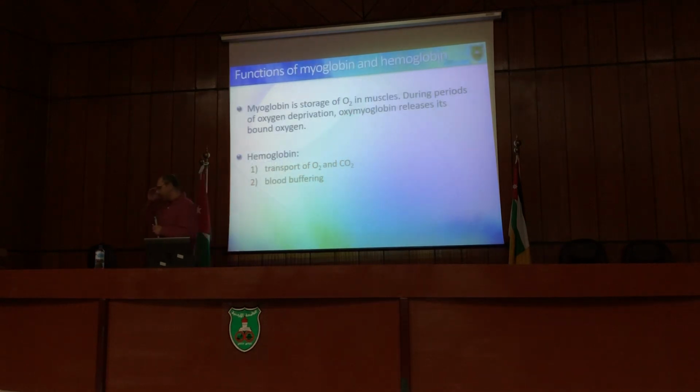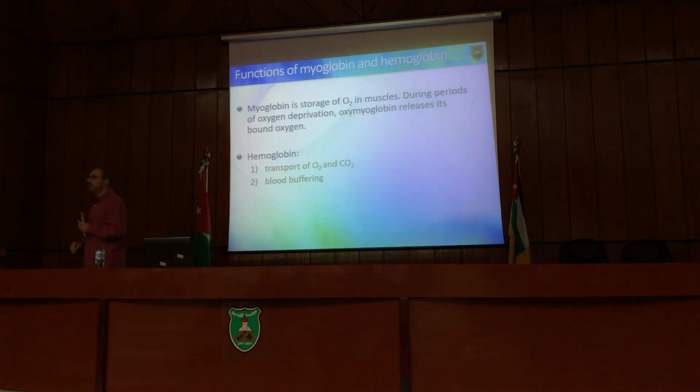Now, myoglobin and hemoglobin, there's something common between them, is that both of them are bound to a heme group. And that's why hemoglobin is known as hemoglobin. Now, the heme group allows these 2 proteins to bind to oxygen. That's what it does. So they both bind to oxygen. But the purpose is different.